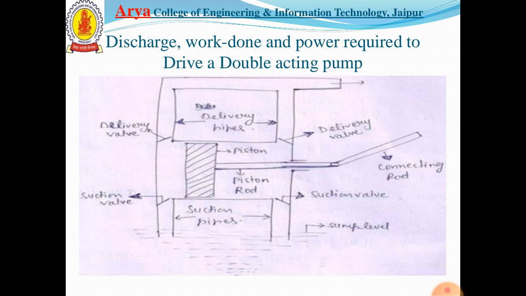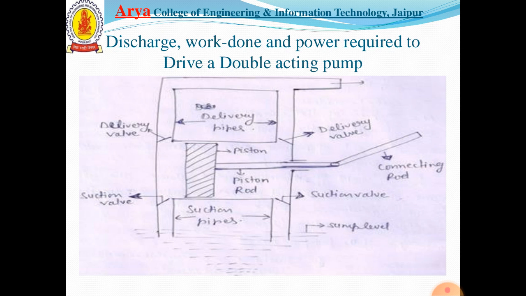Similarly, when the piston moves from right to left, a partial vacuum is created towards the right, and the suction valve opens, allowing the flow of water or liquid, while the delivery valve on the right hand side remains closed.